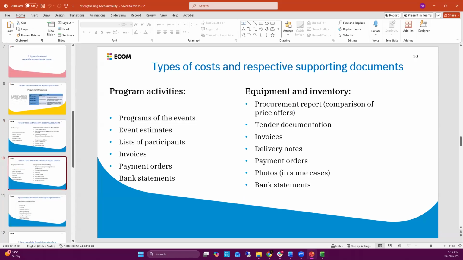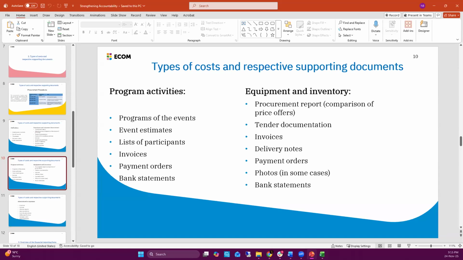For the program activities, such as workshops, trainings, community meetings, the documentation focuses on both the activity itself and the payments. These documents demonstrate that the activity took place as planned and that the related costs were paid accordingly. So the documents might be: program of the event, estimates, list of participants.